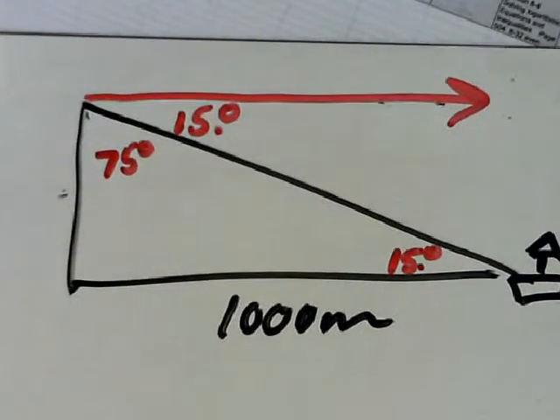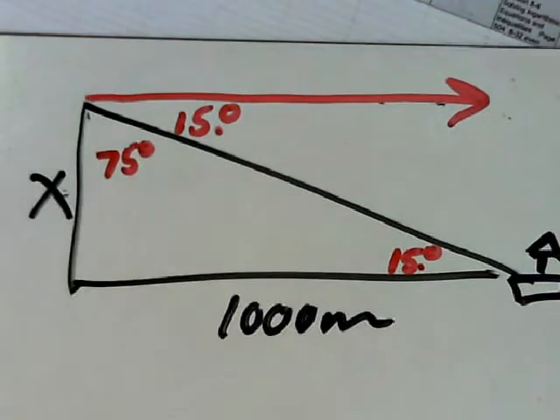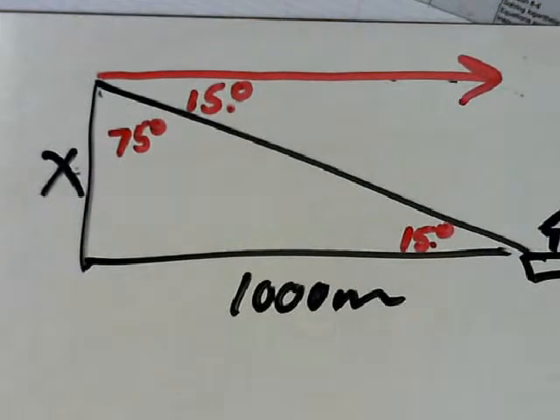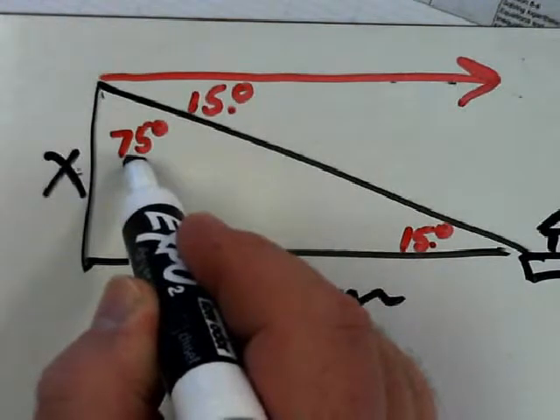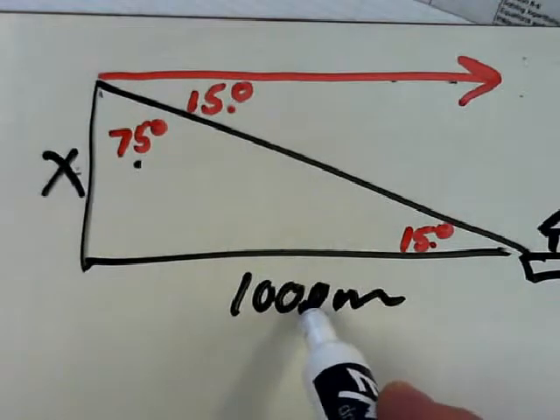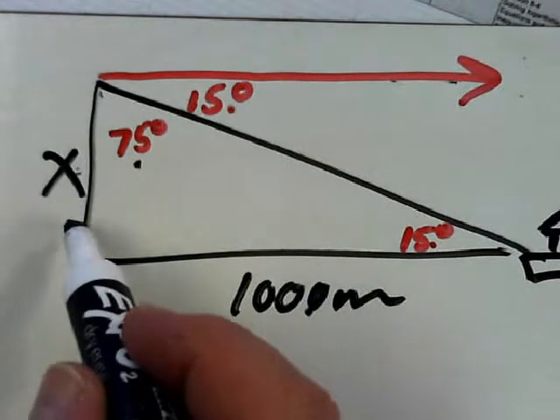What do you want to find? How tall the cliff is? Yeah. So we're going to label it X. Now you have your choice. Either I can use a 75-degree angle, and this would be the opposite over the adjacent.